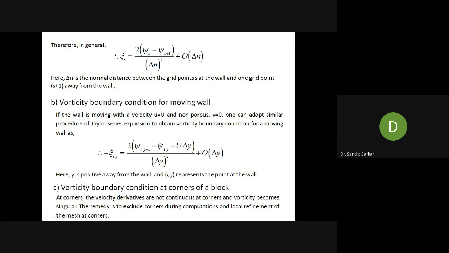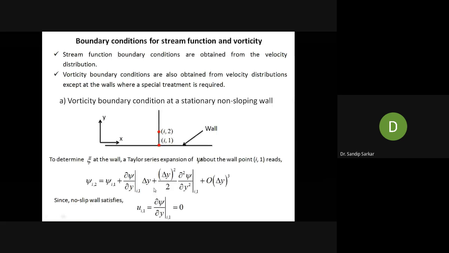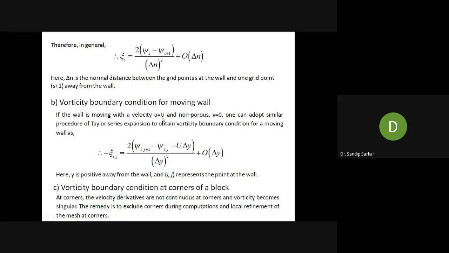If you perform a similar kind of analysis when the wall is moving with a velocity u, and is non-porous, that is v equal to 0, you can obtain an expression for the vorticity value at the wall, at the point ij, basically 1j.